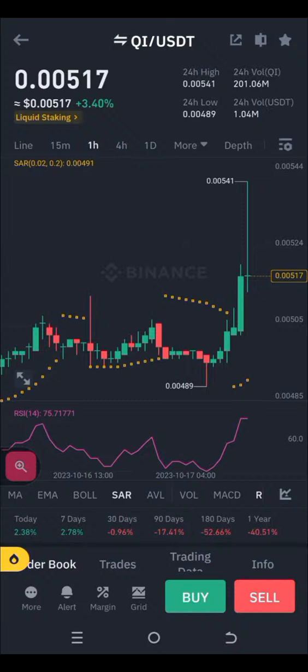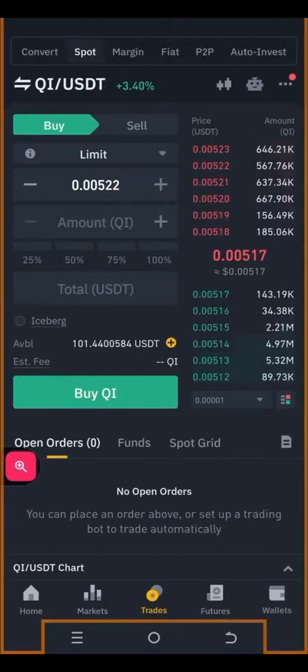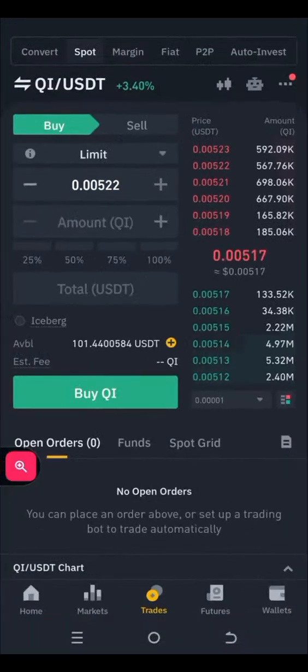Look at QI BTC. I mean, this is QI USDT. Look at it. How much did we make? $1.44. Of course, it was $1.54, but we had to pay 10 cents for fees. So now we're left with $1.44. Good one.